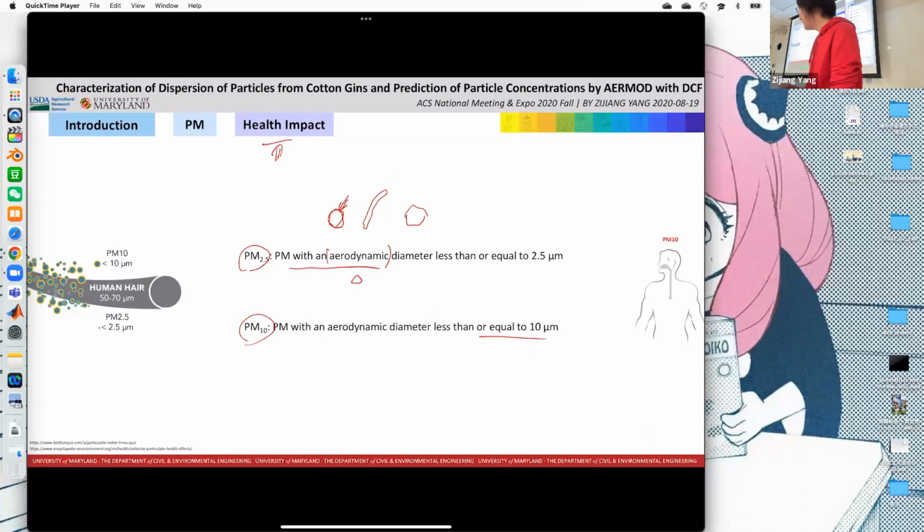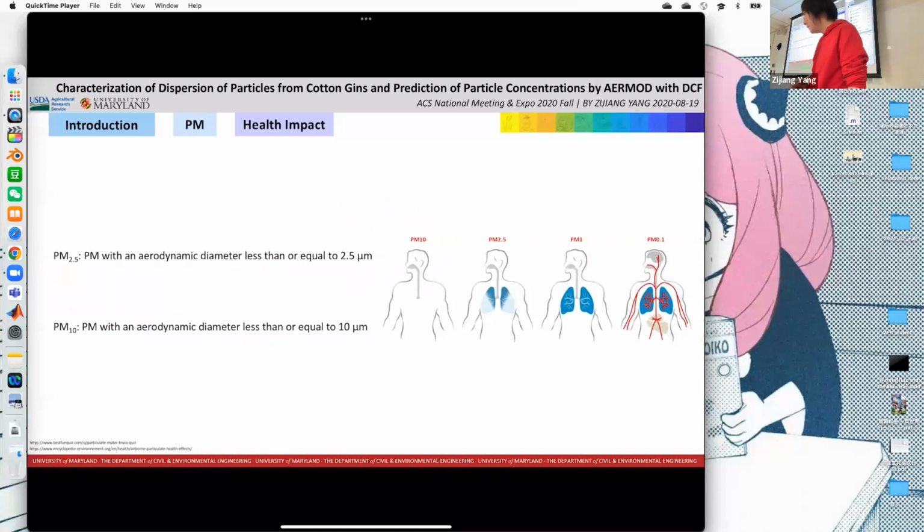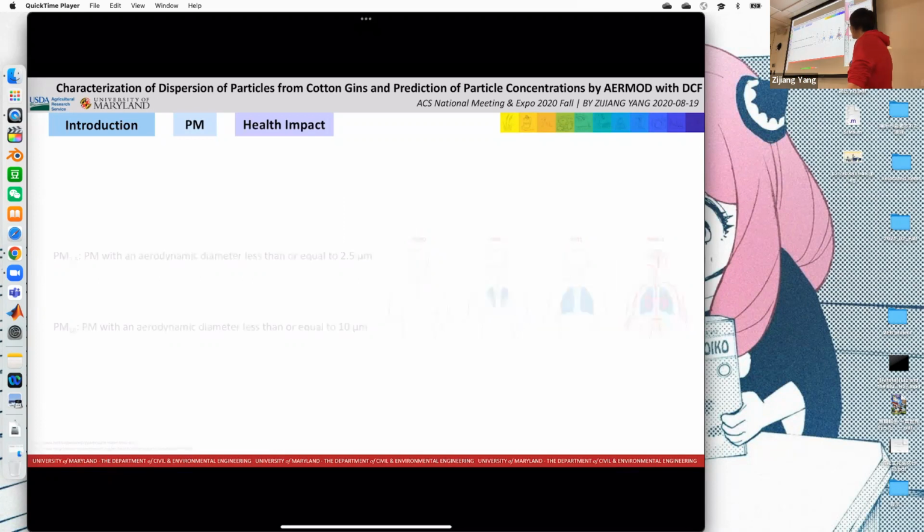This size is much smaller than a human hair, so it is very hard to observe these particles by human eyes. The size is very important because particles of different sizes have different abilities to penetrate the human body.